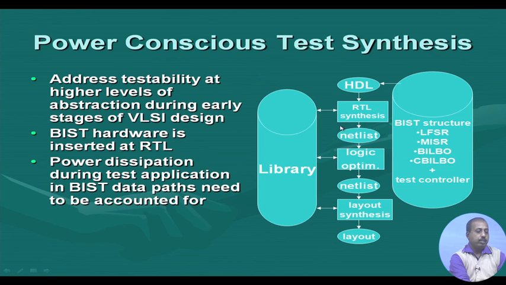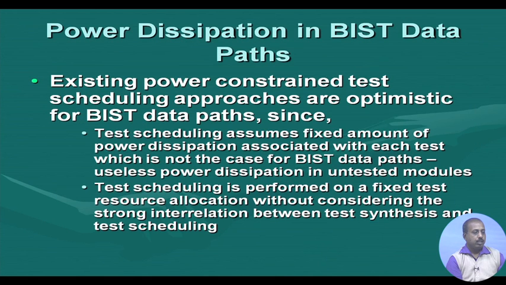So, this addresses testability at higher levels of abstraction during the early stage of VLSI design. BIST hardware is inserted at the RTL level itself, and power dissipation during test application in BIST data paths needs to be accounted for. So, the power estimator will figure out, when the BIST part is activated, what the power requirement is.